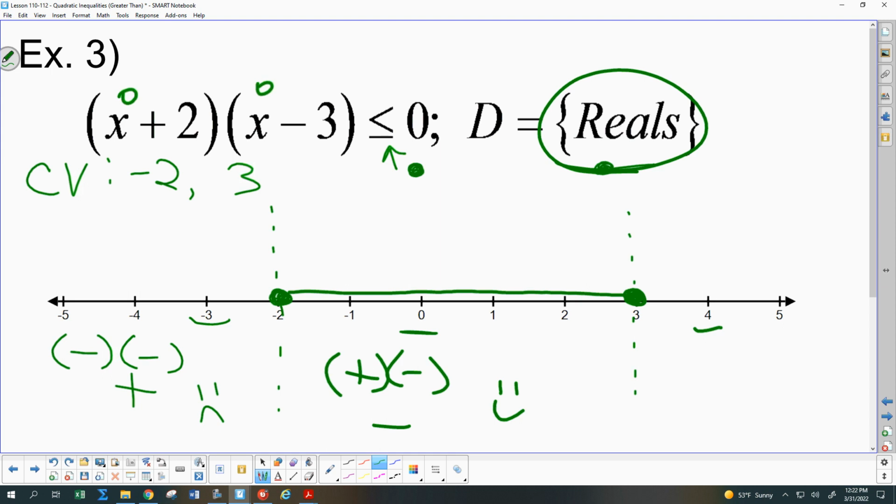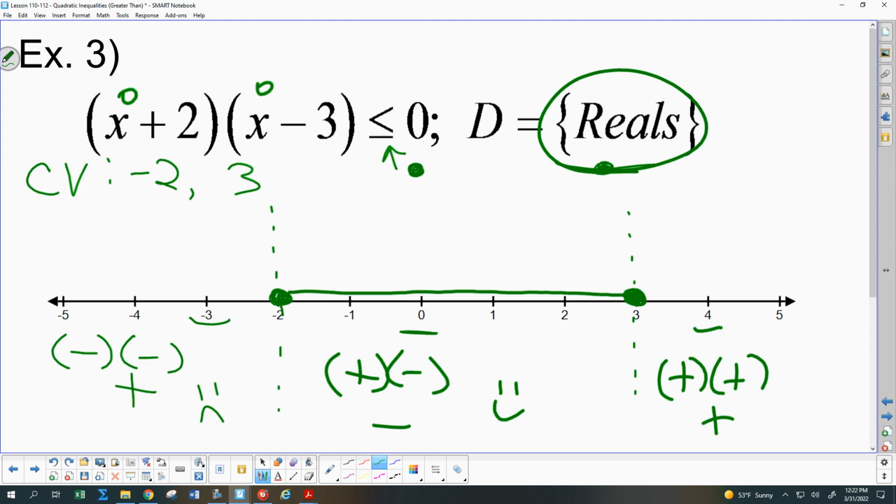Put 4 in. Go ahead and write down on your papers. If you put a 4 in, is your first parentheses positive or negative? Is your second parentheses positive or negative? And when you multiply, what do you have? Yo-yo, when you put 4 in, do you have a positive or a negative for the first one? And the second? And positive times positive is positive.